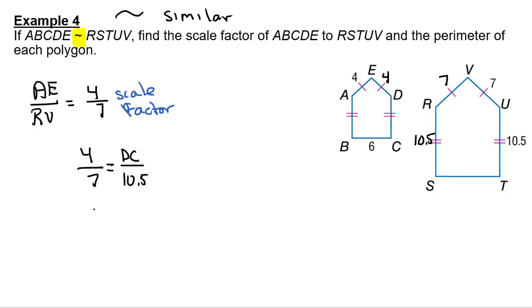So I get 42 is equal to 7 times the length of DC. DC is equal to 6. So this is equal to 6.